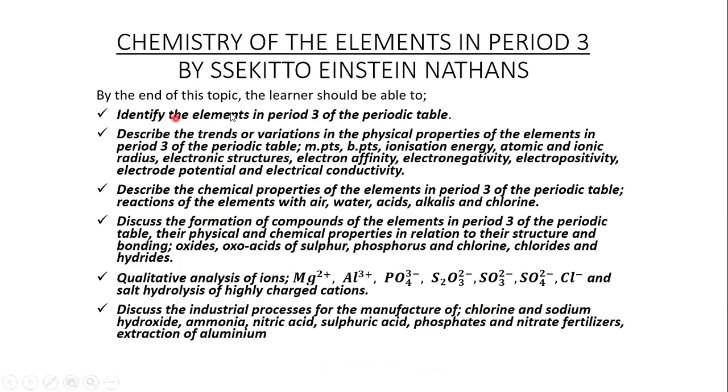Today we have looked at the elements, variation in the physical properties. Our major emphasis was on the melting points, which are similar to the boiling points. So someone can look for questions about boiling points, because they are the same thing.